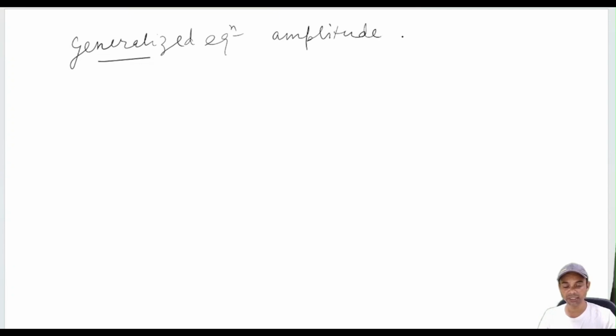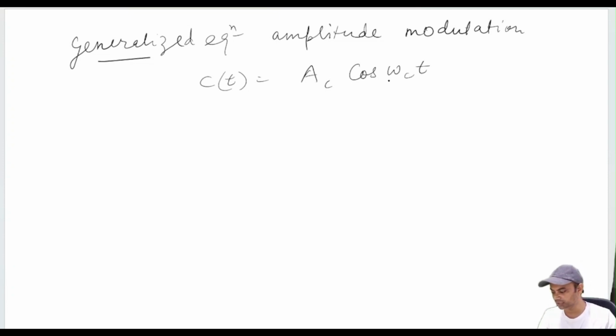First we are writing the generalized equation for amplitude modulation. First we will take single tone and then we will come later to multitone modulation. Suppose our carrier signal is c(t) equal to Ac cos(omega c t), or you can write 2 pi fc t.